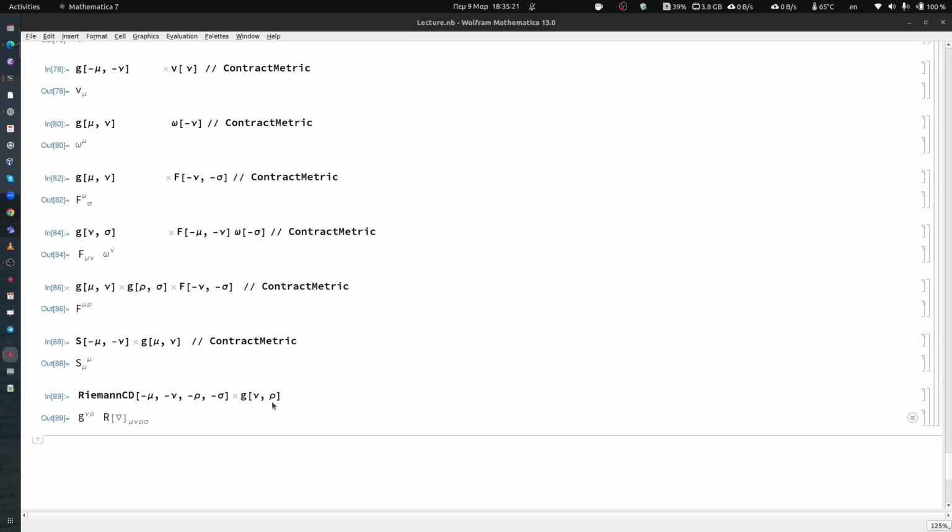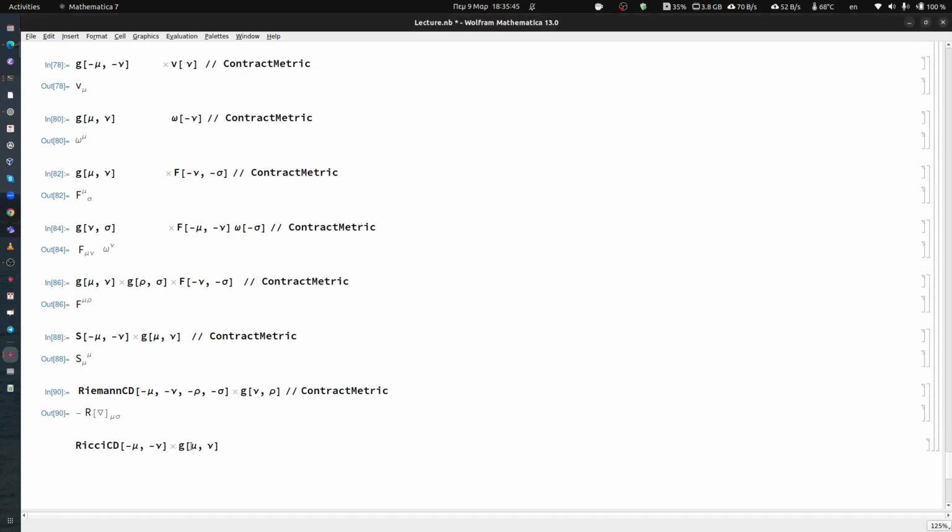But now contract metric will not simply give us the indices up and down, but this is equal to the Ricci tensor with a minus sign. Similarly, if we take the Ricci tensor and contract its two indices, we obtain directly the scalar curvature.